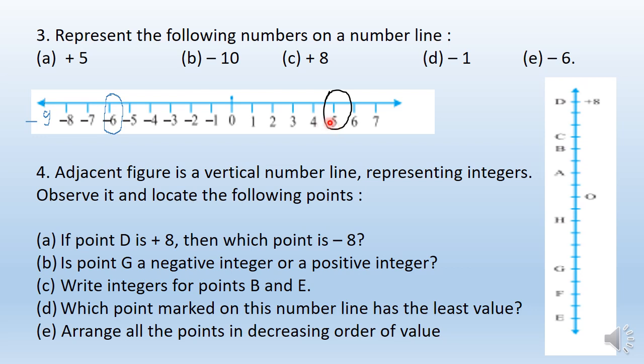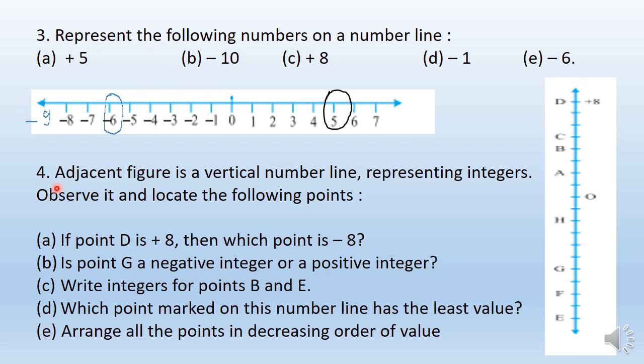That's why it's +5. Then -6 here. +8 may be here. Okay, -9 here. Besides that, -10. And -1 is here. So do that in your copy.